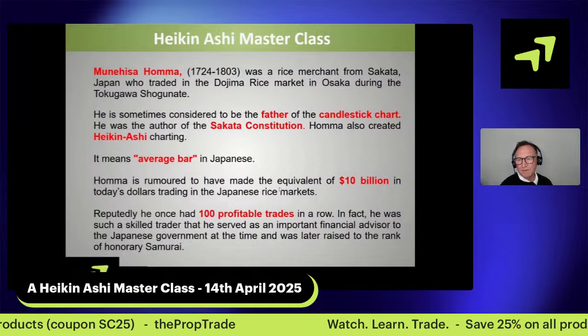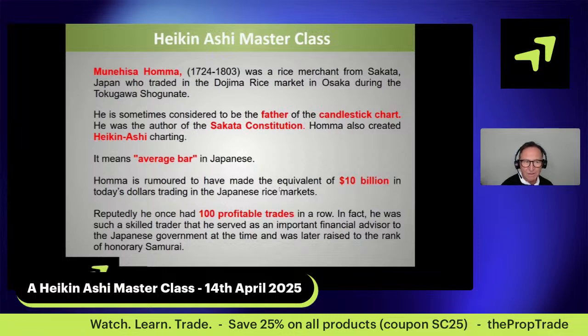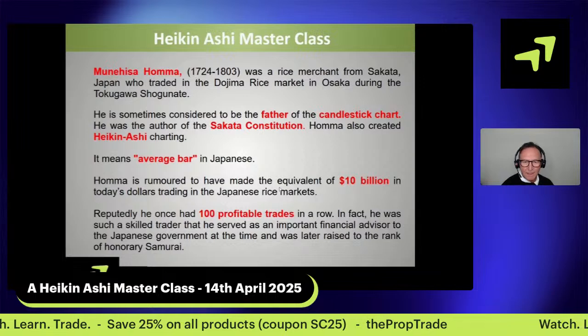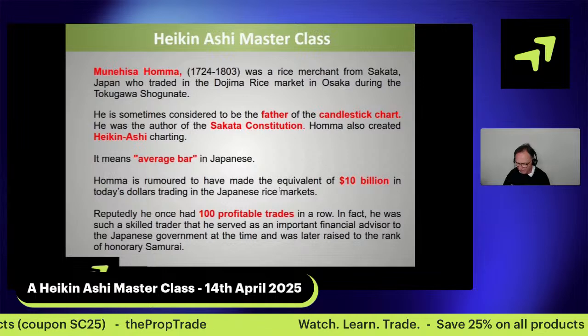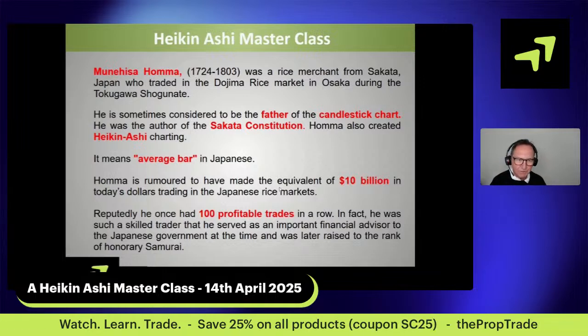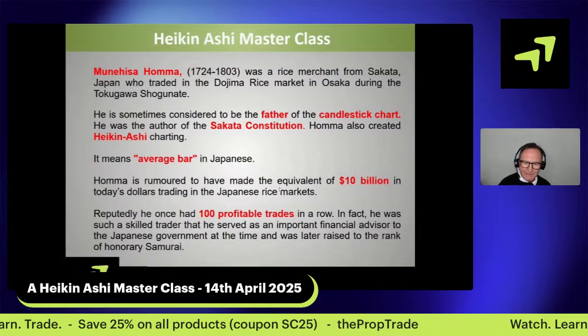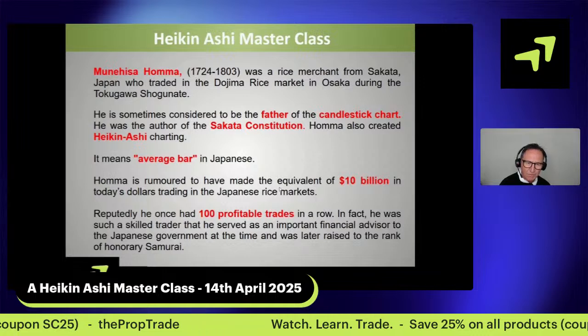I would view him very much as the father of the candlestick chart. The Sakata Constitution: if you Google Sakata Constitution, you'll see this document that he wrote down, creating all these different names for all these different candle patterns over the years.